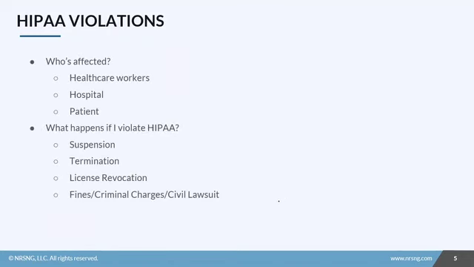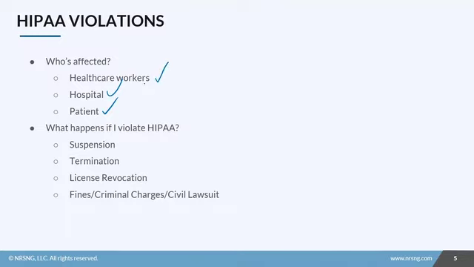Speaking of HIPAA violations, let's look at them. So we want to look at who's affected. Obviously, when there's a HIPAA violation, the patient is affected. But another thing to consider is that the hospital is affected, and all the healthcare workers that were involved with the violation are also affected.